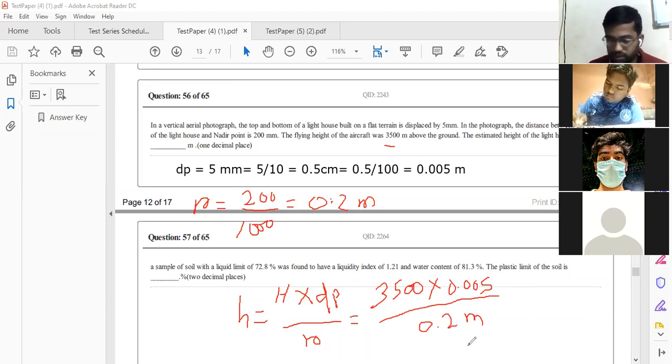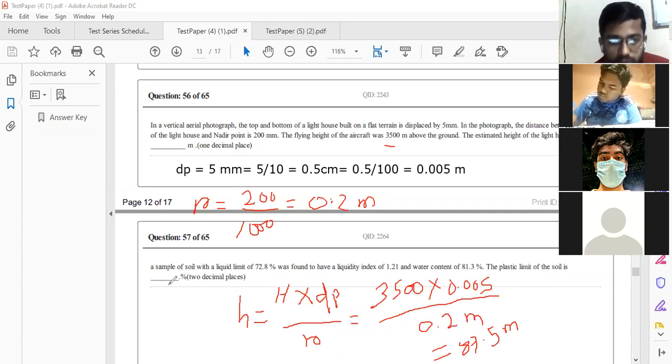Okay, if you calculate this, we'll get 87.5 meter, up to 1 decimal place. Clear?